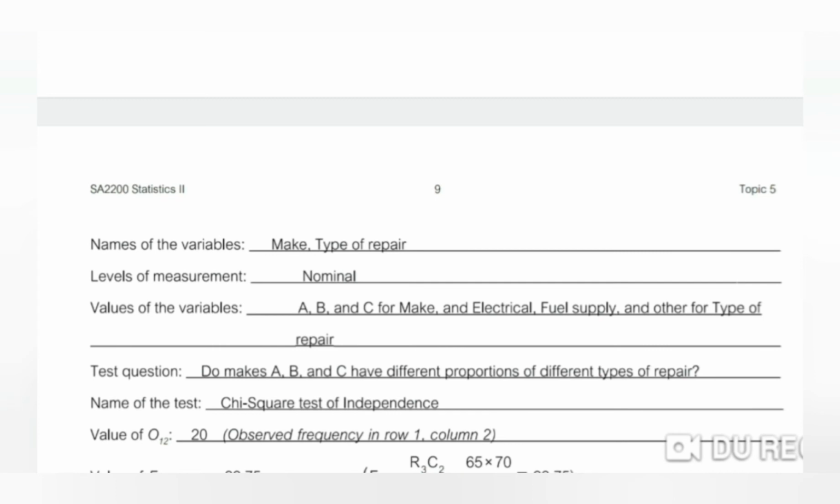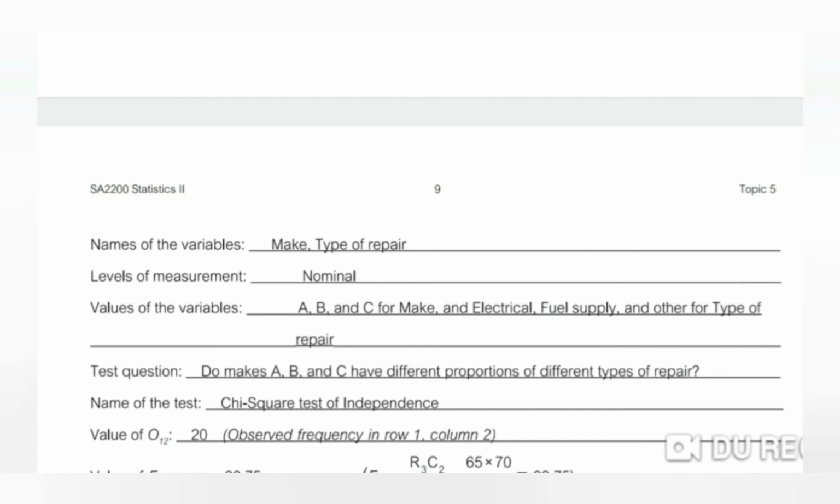If we see different proportions of different problems in different makes, that means makes A, B, C are different in problems. So problem depends upon make. Some makes have little problems, some makes have bigger problems, like this.